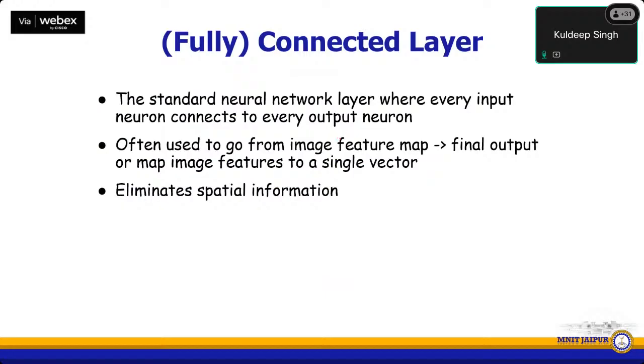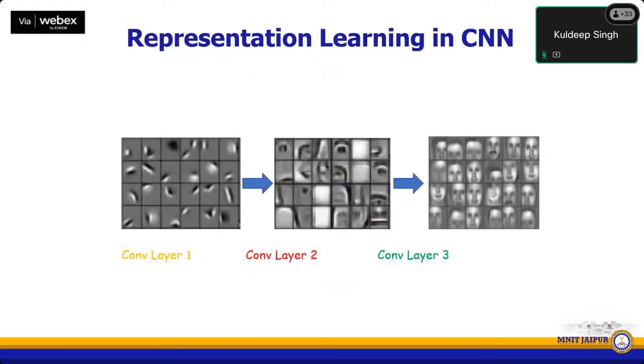In the feed forward neural network, we had all of the layers as fully connected layers. So we are using a similar kind of layer here because we want to bring that 2D feature map into a vector of neurons equal to the number of classes. So this is used to go from the image feature map to the final output, and it also eliminates the spatial information. That is what I just told you.